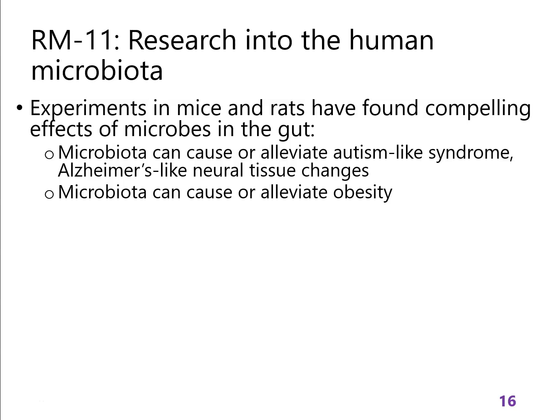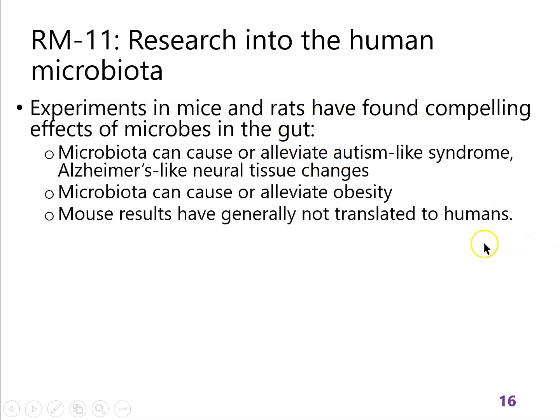We have no idea how to control things like this, and we don't know that these effects would happen in humans. We don't have great evidence that there's something we can do in humans that will have an effect like what happens in mice. So we get these compelling effects in mice, but they generally haven't translated to humans.